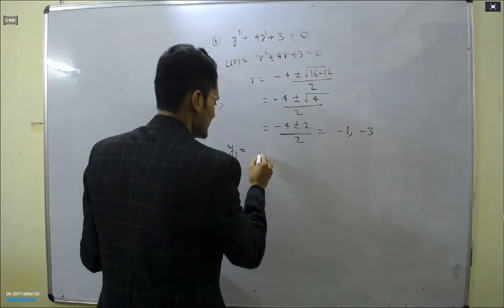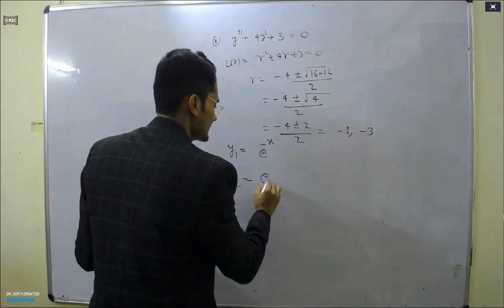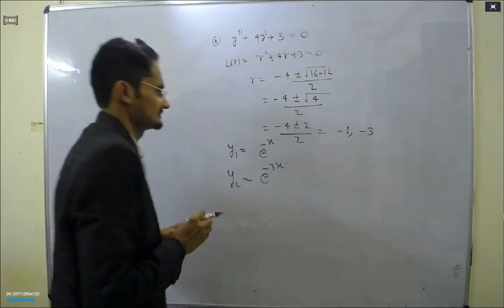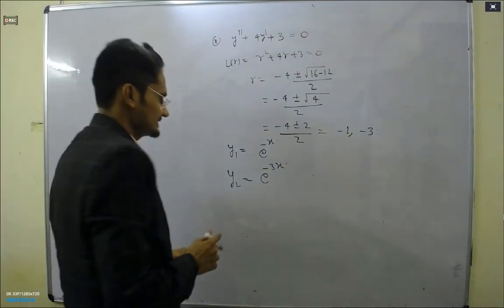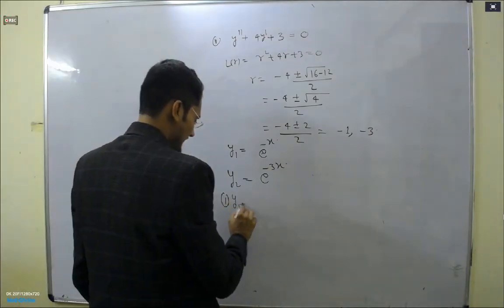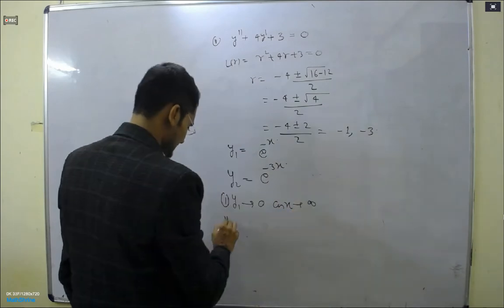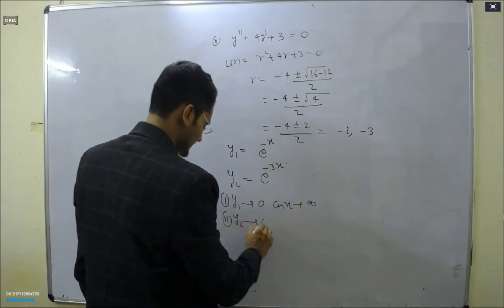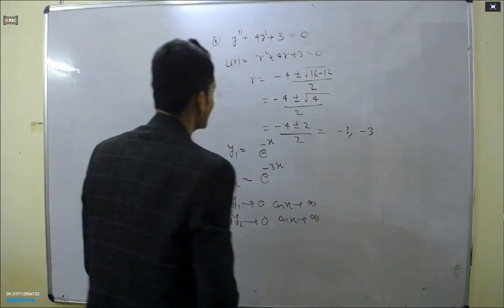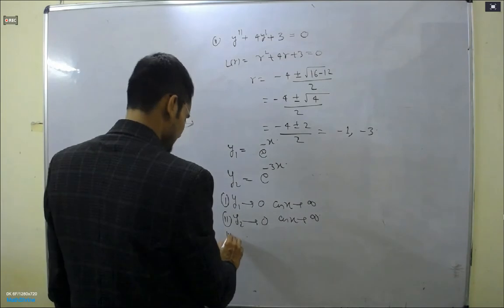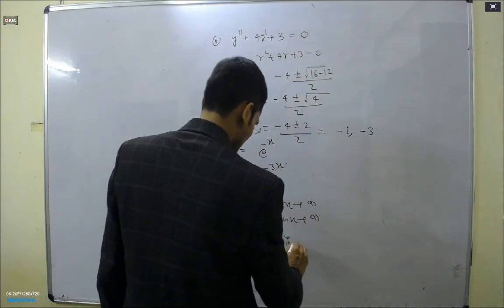The third option: y1 tends to 0 and y2 tends to infinity as x tends to infinity. The fourth option: y1 and y2 tend to infinity as x tends to minus infinity.